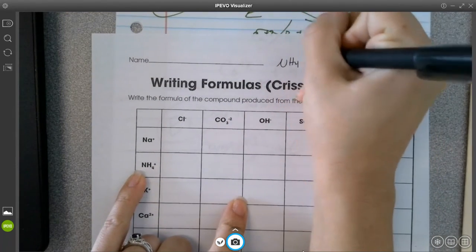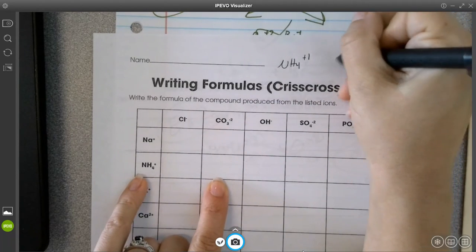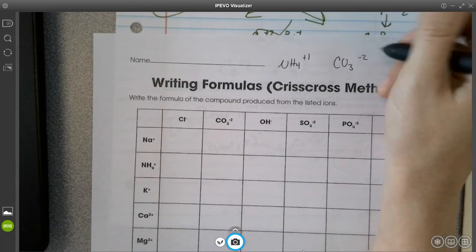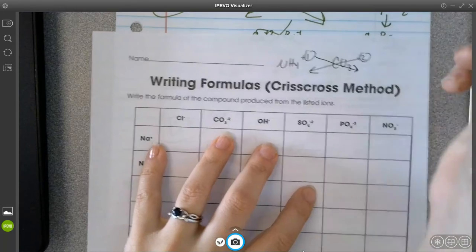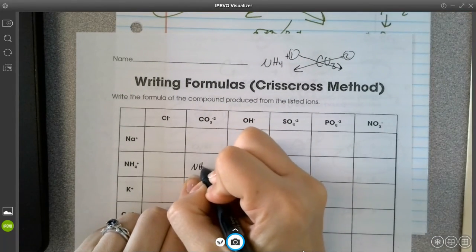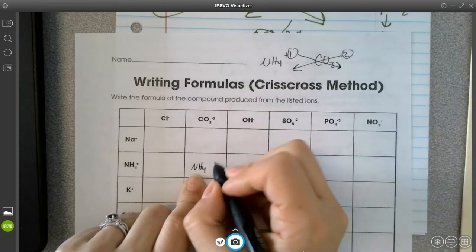NH4, plus 1, and CO3 minus 2. All you're doing is you're taking the numbers and you're dropping them. So I should have NH4, the 2 coming down.